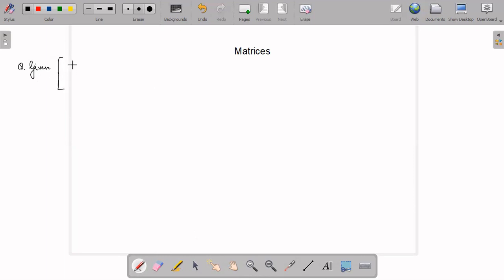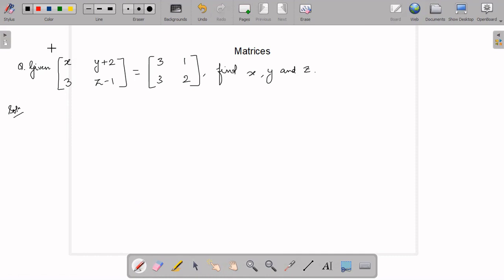Given the matrix [x, y plus 2; 3, z minus 1] is equal to [3, 1; 3, 2]. Find x, y, and z. काफी interesting question है, easy भी है.